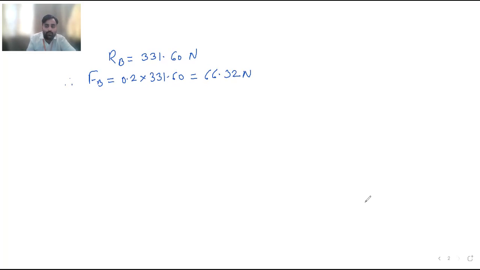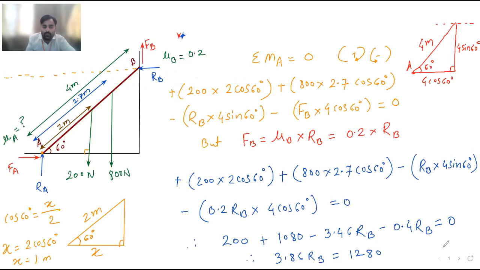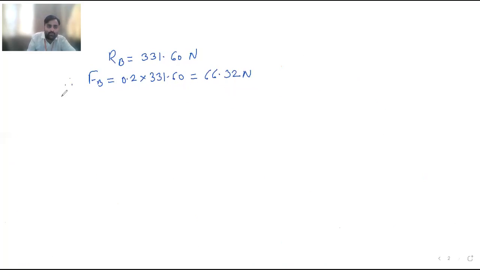This is the value of FB. Now, if I apply summation Fy equal to 0, upward plus, downward minus.